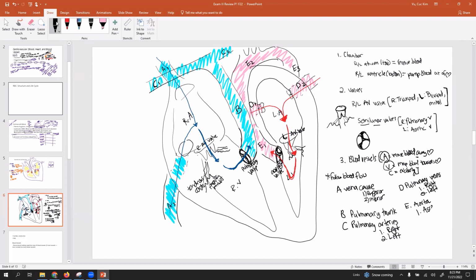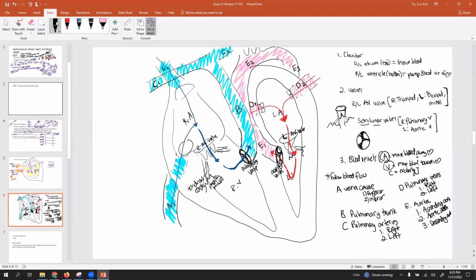Ascending aorta. Yes, ma'am. E2? Aortic arch. Very good. E3? Descending aorta. Good.